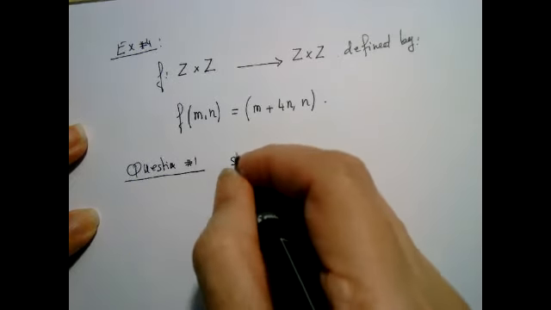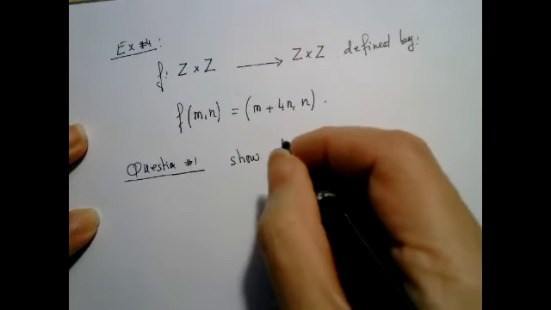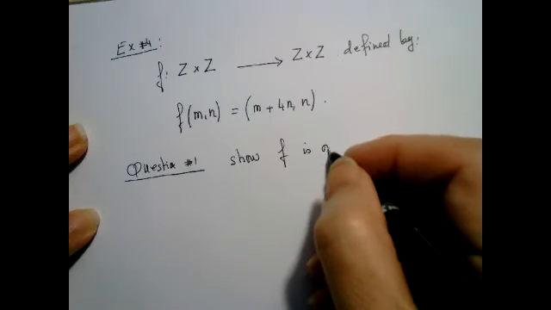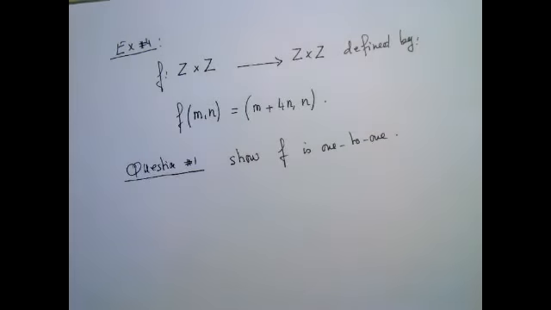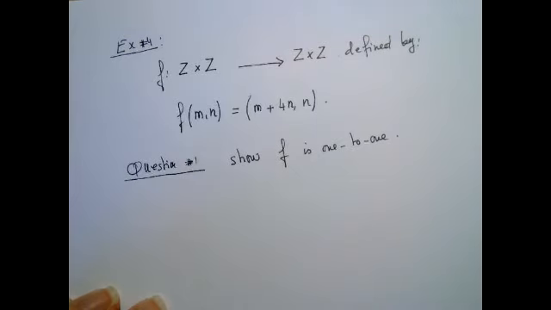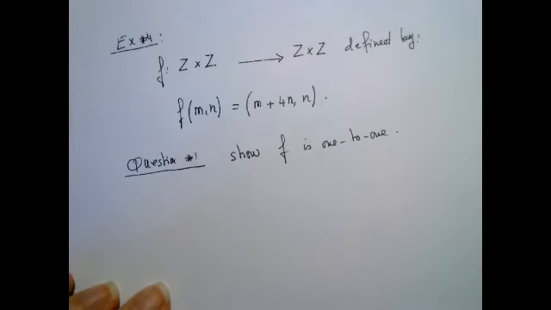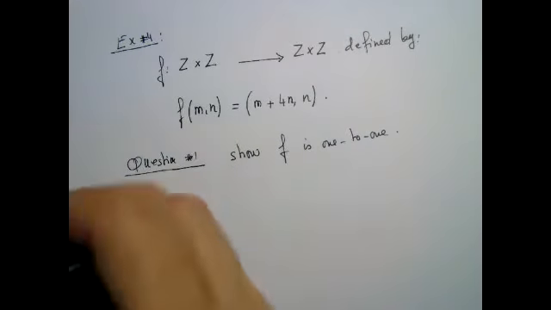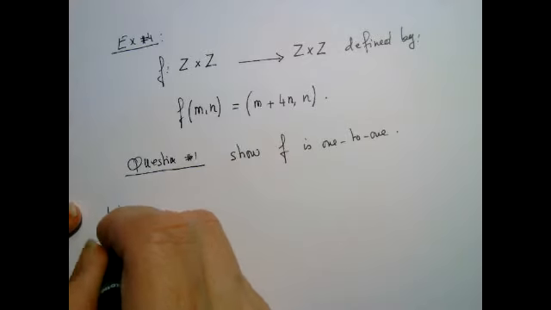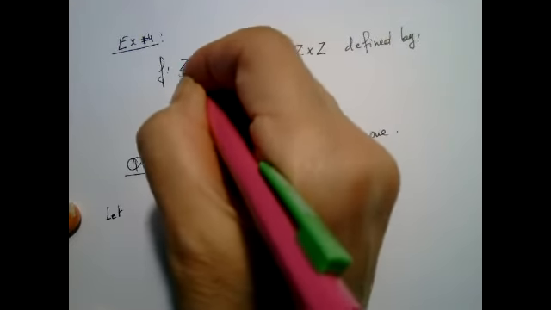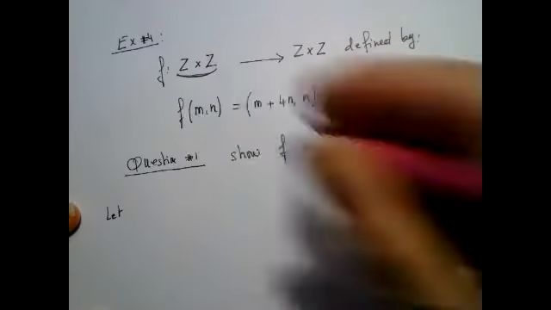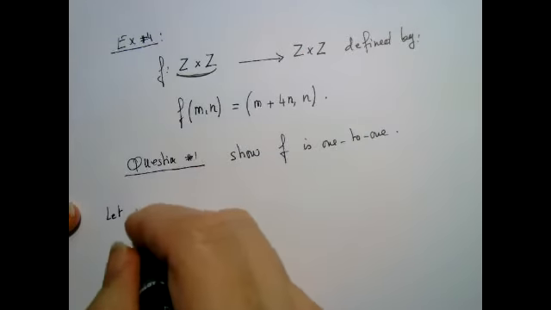Question number 1: show that f is one-to-one. Question number 2: show that f is onto. So how are we going to show that f is one-to-one? We're going to start with two elements in the domain. The domain elements are ordered pairs, so I need two elements.